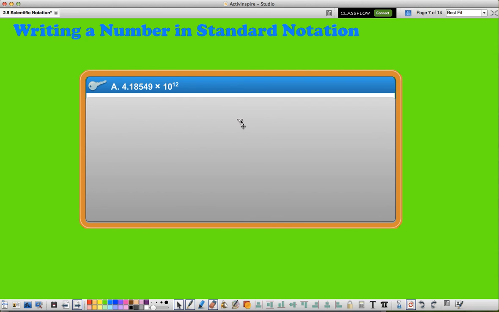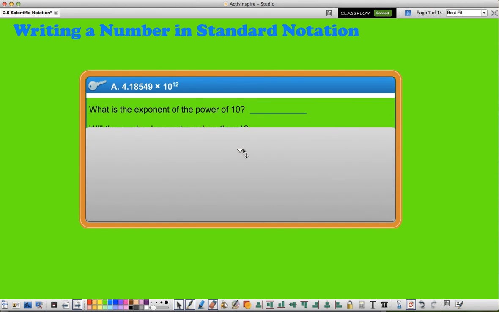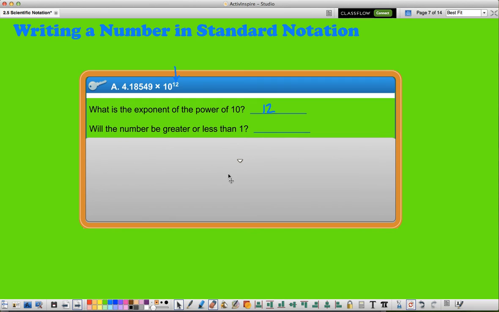Right, so converting from scientific notation to standard notation. What we need to look at here is what is the exponent of the power of 10. So in this case, my exponent is 12. So since my exponent is positive, should my number be greater than or less than 1?